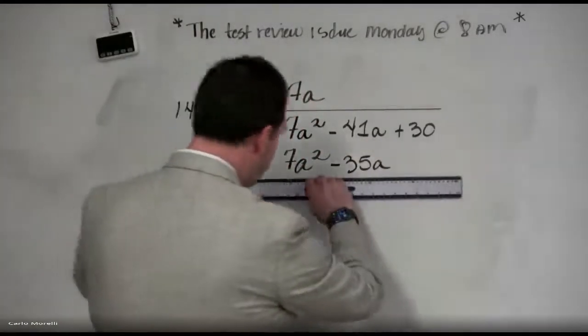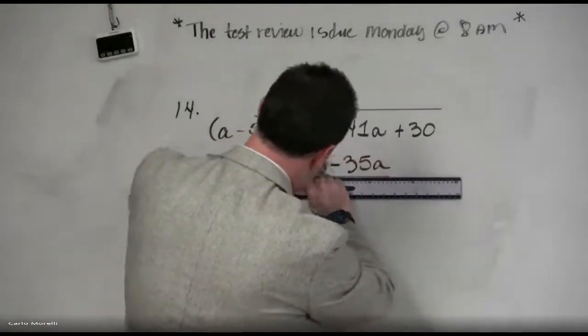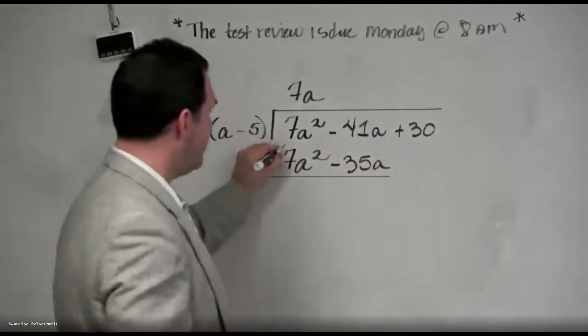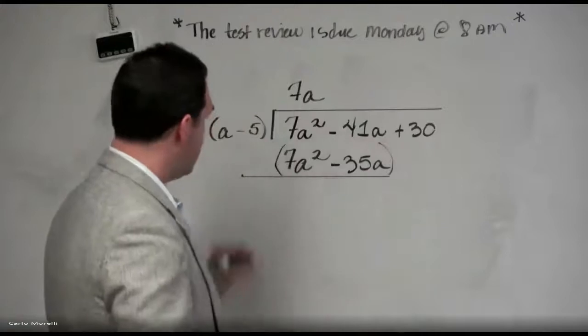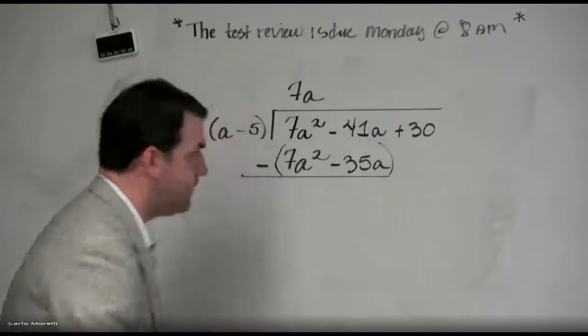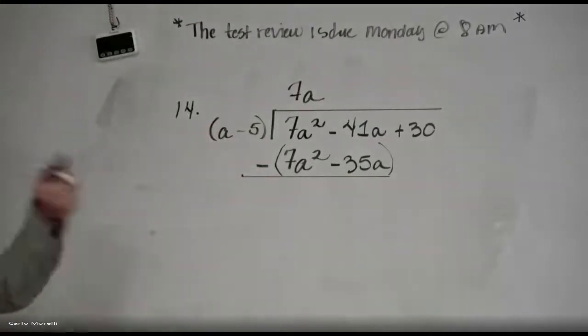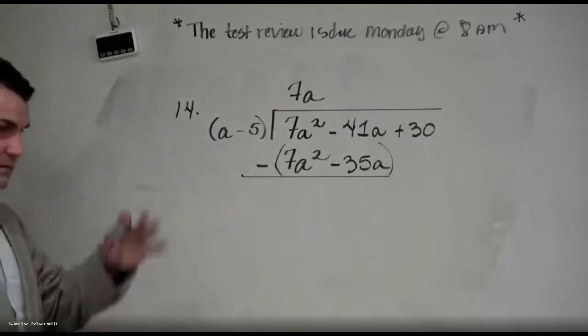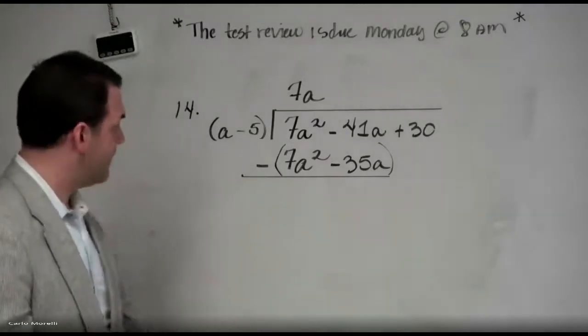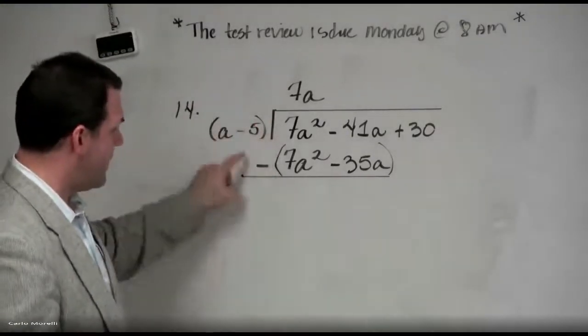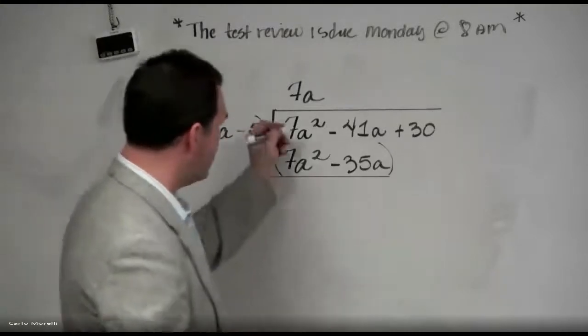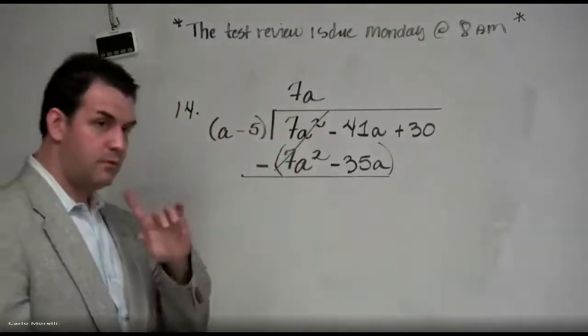Now draw a line. Put parentheses around this, and then put a big minus sign out here. This is where pointing with your finger and talking to yourself is a good thing. 7a squared minus 7a squared. Those should cancel, and they do. But now this one won't.